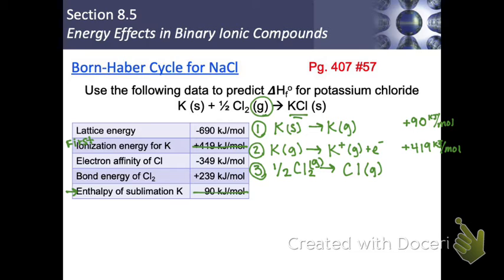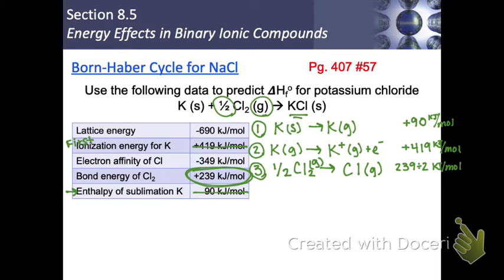I don't have Cl2 anymore, I just have Cl. But what we have to pay attention to here is that the bond energy, the breaking of that bond, is 239, but I started with only 1/2 of that. So I've got to take that divided by 2. So I'm going to say 239 divided by 2 kilojoules per mole.